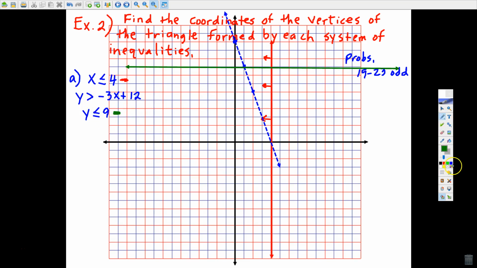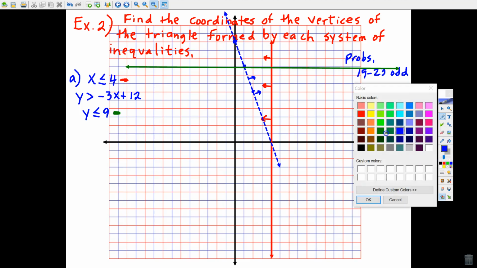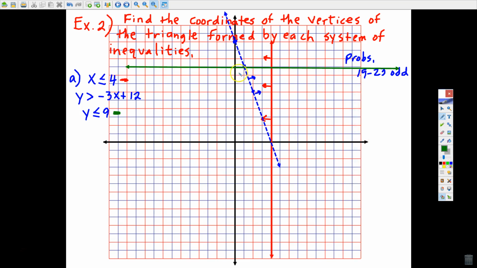So going back to what we said about the arrows, for the blue it says greater than, so I'll be shading this way for the blue, and for the green it's less than, so obviously that's going to be below. So once again, I'm just trying to emphasize that the solution to a system of inequalities is where all of these shadings come together.